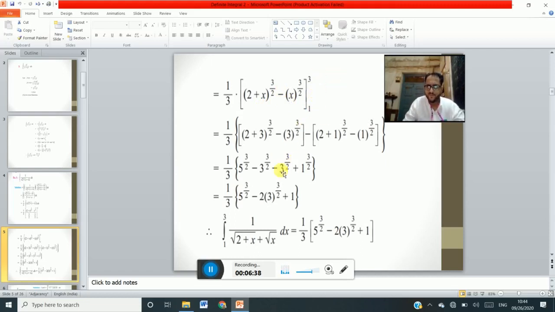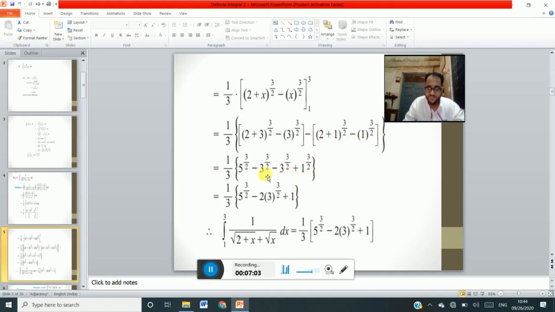Now put the limit. First of all the upper limit, x is replaced by 3, so (2 plus 3) to the power 3 by 2 minus 3 to the power 3 by 2, minus (2 plus 1) to the power 3 by 2 minus 1 to the power 3 by 2, right? So 2 plus 3 means 5 to the power 3 by 2 minus 3 to the power 3 by 2, and minus 2 plus 1 is 3 to the power 3 by 2, and minus plus 1 to the power 3 by 2.